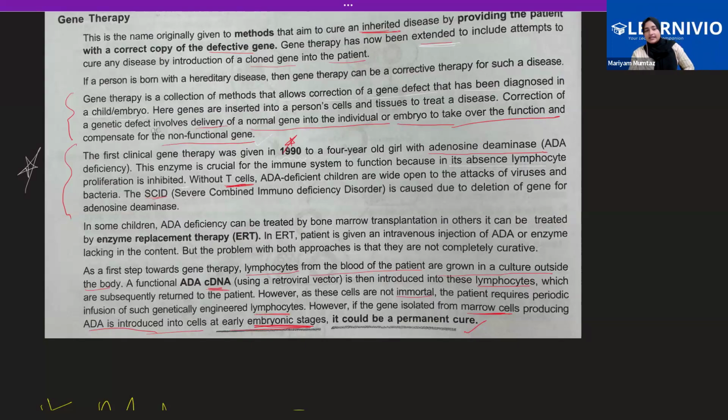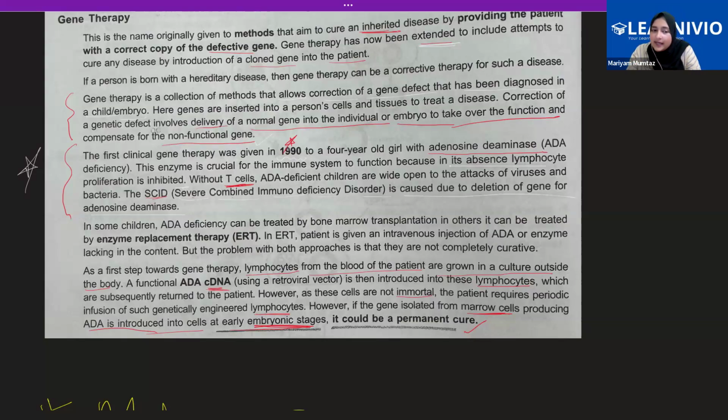Without the T cells, ADA deficient children are wide open to the attacks of viruses and different kinds of diseases, right? There is a disease called severe combined immunodeficiency disorder, SCID, that is caused due to the deletion of the gene for adenosine deaminase.